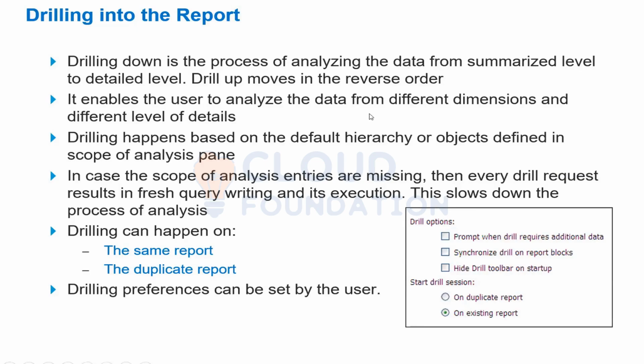It enables the users to analyze the data from different dimensions and different levels of detail. It happens based on the default hierarchy or objects defined in the scope of analysis pane. Drilling can happen in the same report or in a duplicate report.